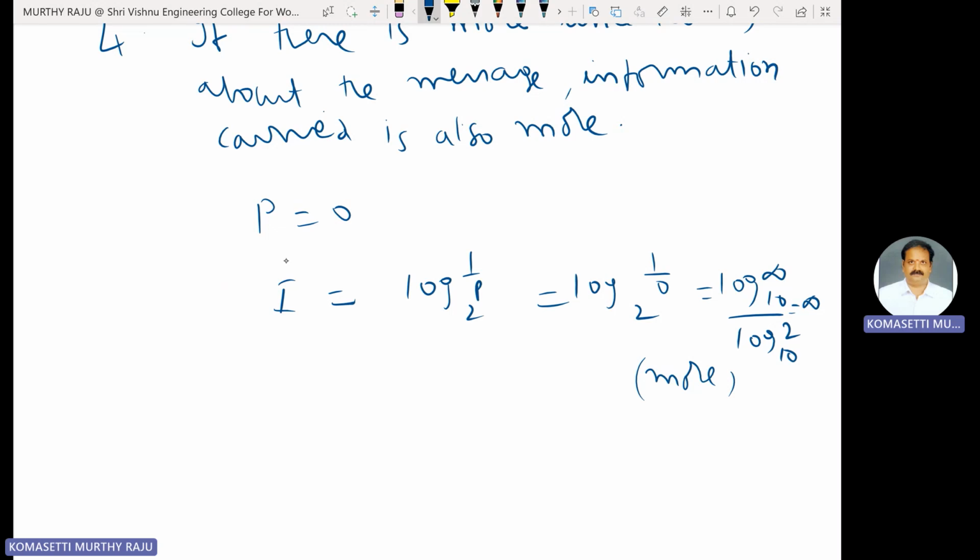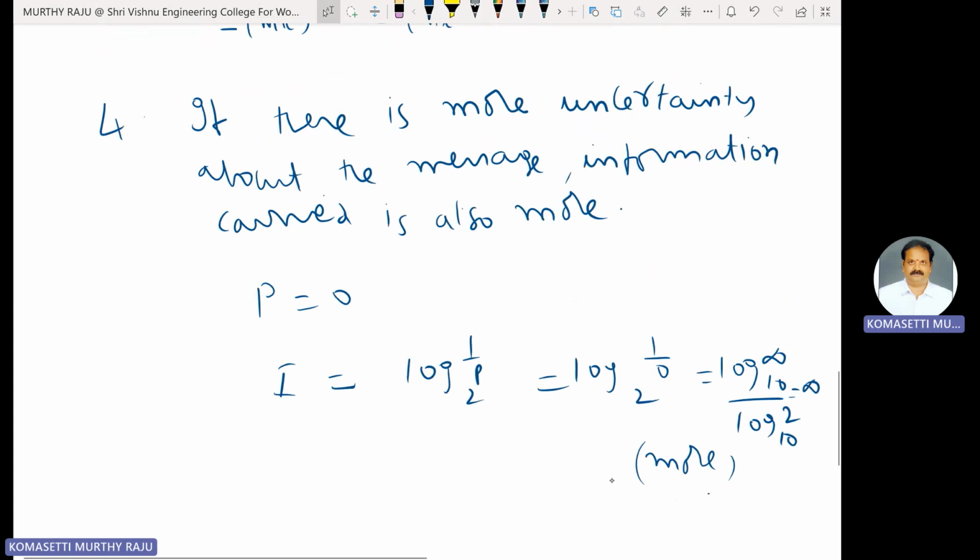In that case, probability of occurrence is 0. I is equal to log 1 by P base 2, which is log 1 by 0 base 2. That value is infinity. The amount of information present in the uncertainty message is more. Proof is completed.